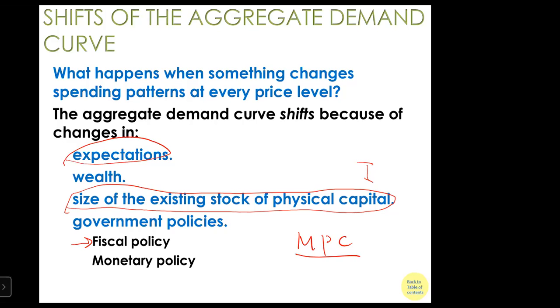Now, monetary policy works through the money supply, or in an easier way to understand, the central bank, which is the Federal Reserve Bank in the United States, can adjust the interest rate, right? In practice, that means whatever they do has implications on the cost of borrowing for households and businesses.